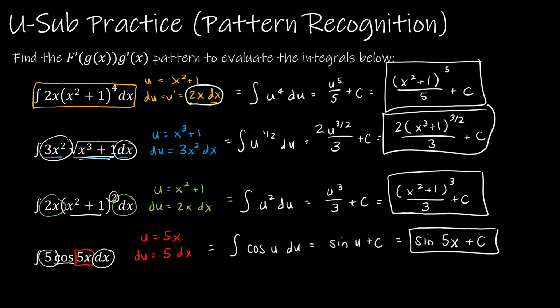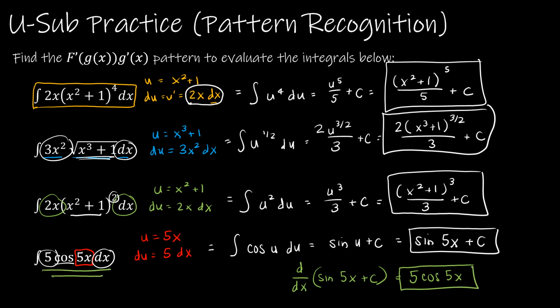So we've done all 4 of those. Now, if you're ever not sure, remember you can always find the derivative. So what if I took the derivative of sine of 5x plus c? Well, the derivative of sine is cosine of 5x, but using the chain rule, I would then take it times 5. And then plus c, the derivative of any constant, is 0. So this would be what I ended up with for my derivative, and it should match what I started with. And in fact, it does.